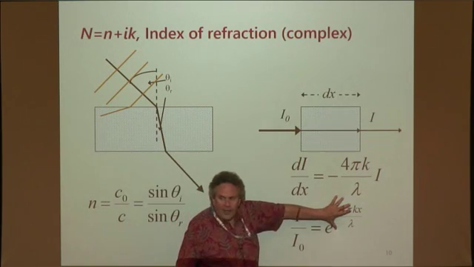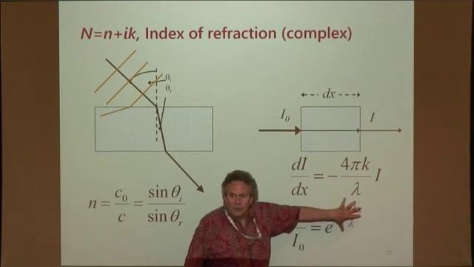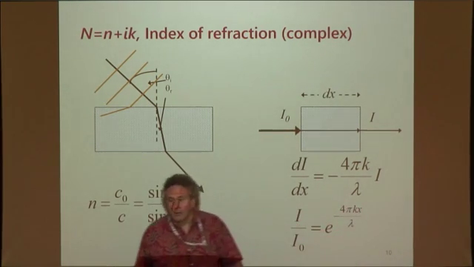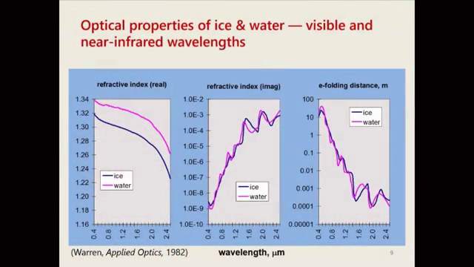Now, in order to kind of explain what a number of an absorption coefficient might mean, I simply can take this exponent and solve for the distance at which this number is going to be -1. And so we can call that an e-folding distance for light as it's passing through pure ice. So, let me back up and do that.